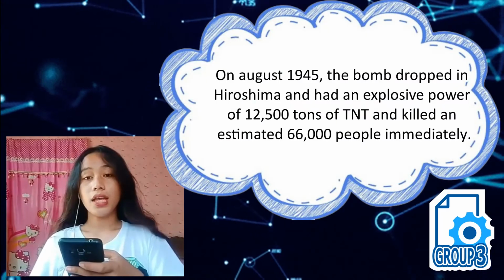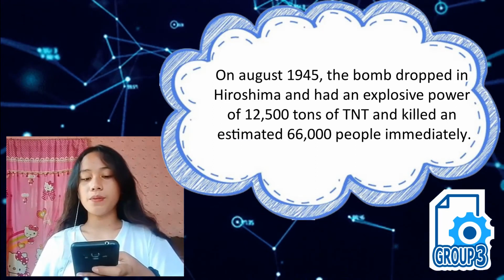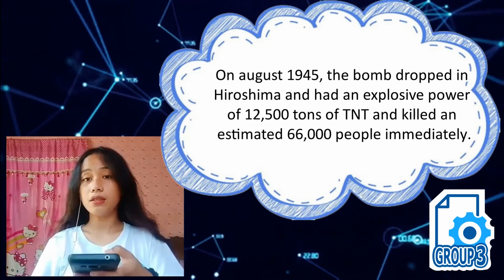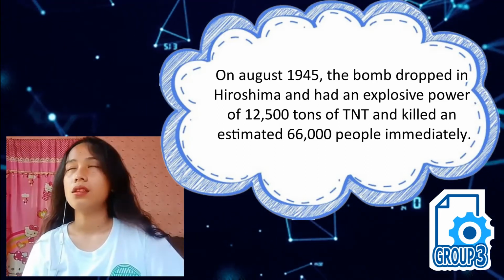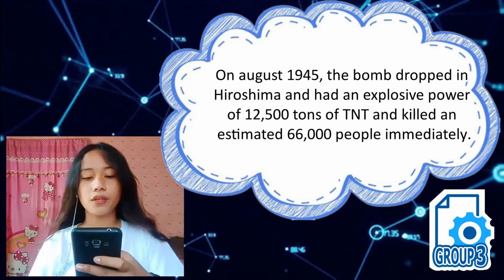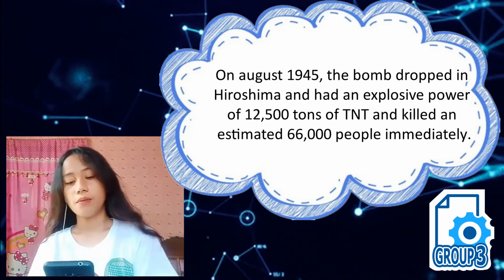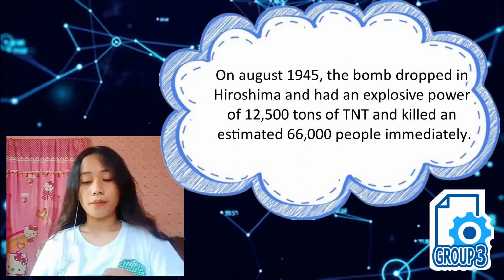In August 1945, the bomb dropped on Hiroshima had an explosive power of 12,500 tons of TNT and killed an estimated 60,000 people immediately. Yes, 66,000 people were killed by that bomb.